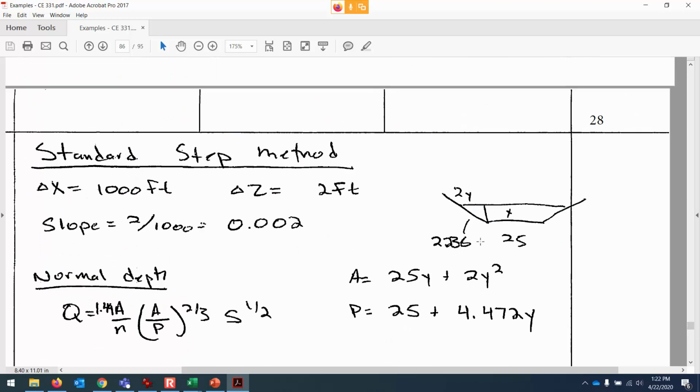If we have a depth of y, then the top width on this side would be 2y, and there would also be a width over here that has a length of 2y. So that would make the total top width 25 plus 2y over here and 2y over there. So that's 4y.